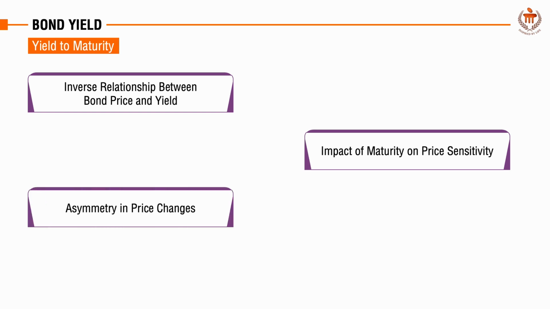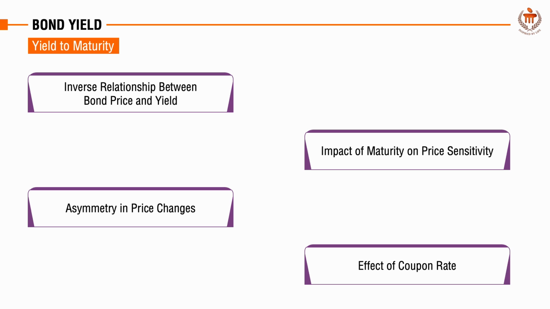Given the maturity, the changes in the price of the bond will be greater with a decrease in the bond's YTM than the changes in price of the bond with an equal increase in the bond's YTM. For any given change in YTM, the percentage price change in case of bonds of high coupon rate will be smaller than in the case of bonds of low coupon rate, other things being constant.